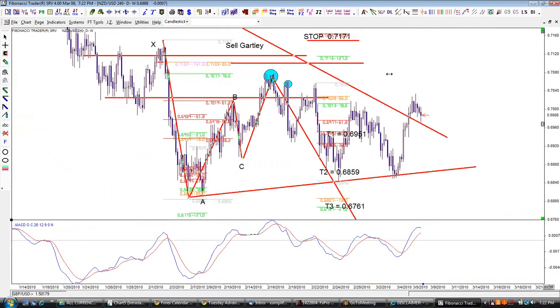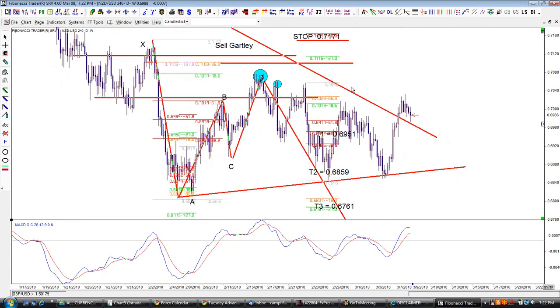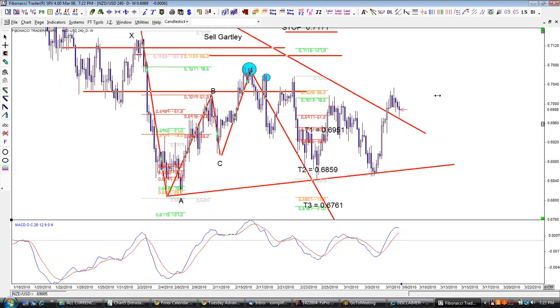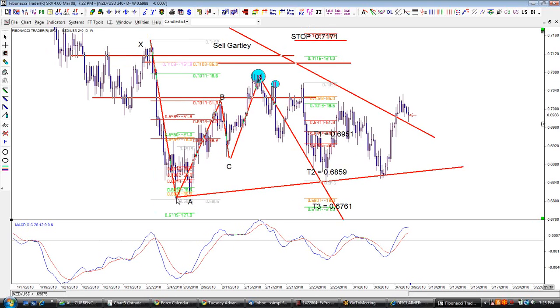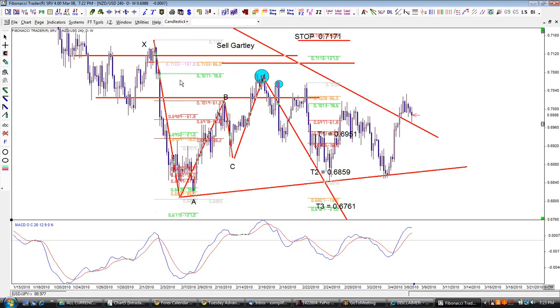In the 4 hour, we broke a downtrend line. We can see some bullish MACD divergence. We entered short at 70.77 a few weeks ago.